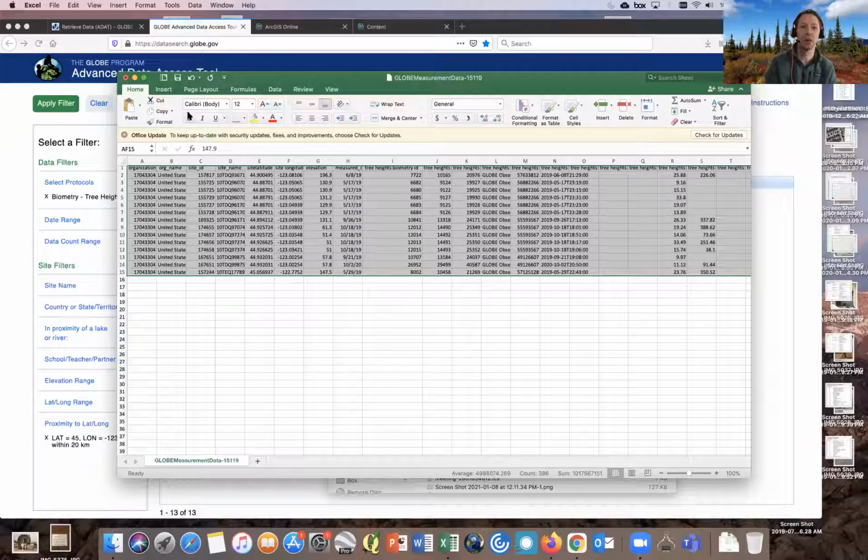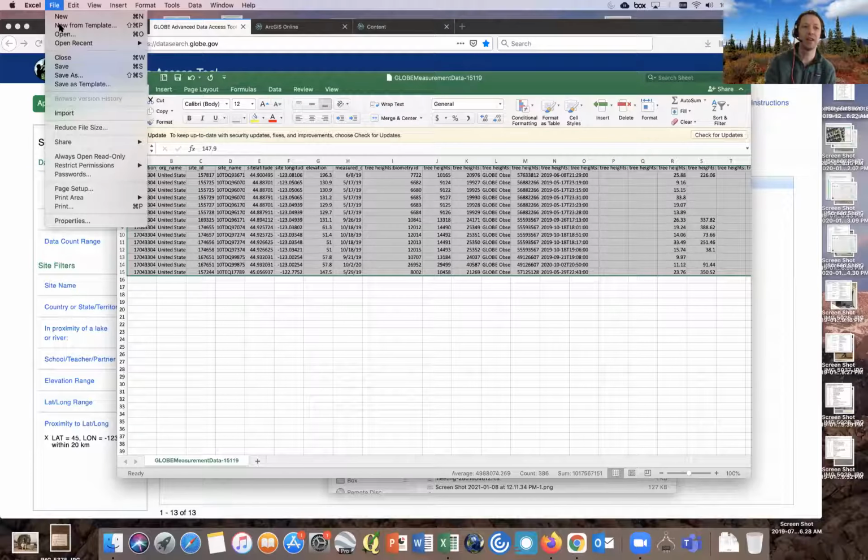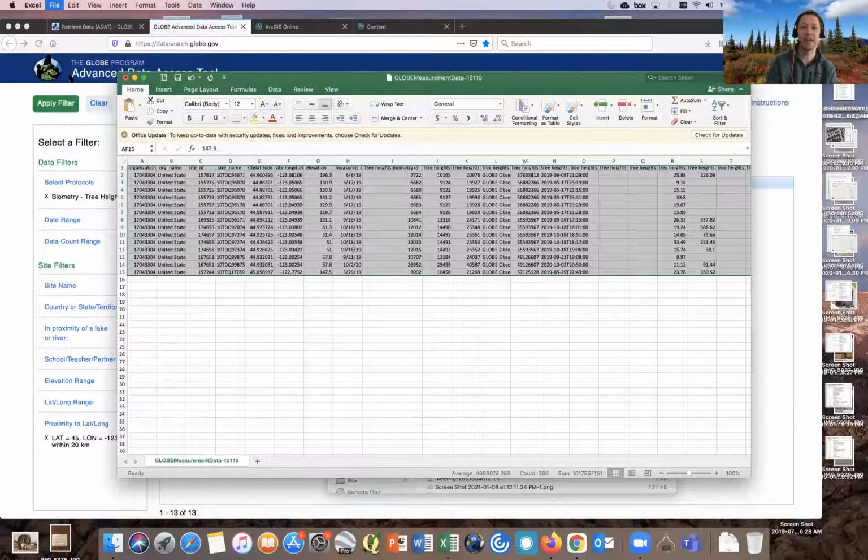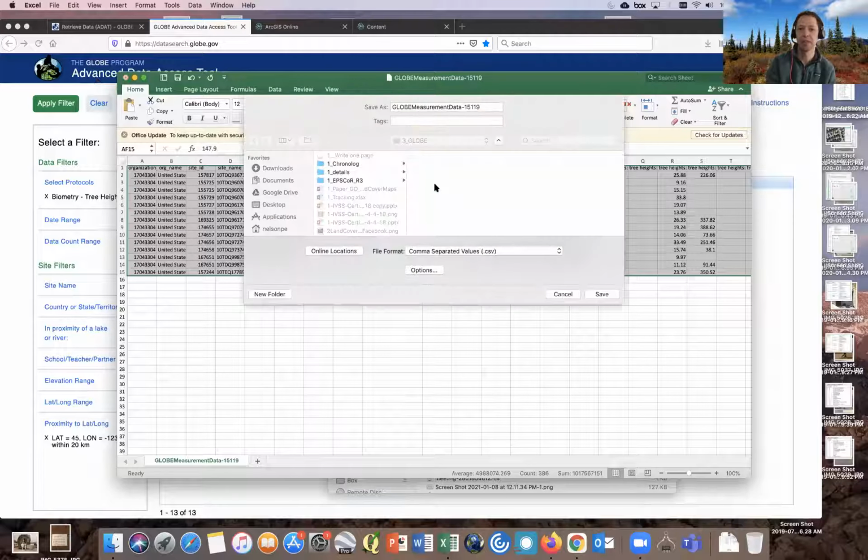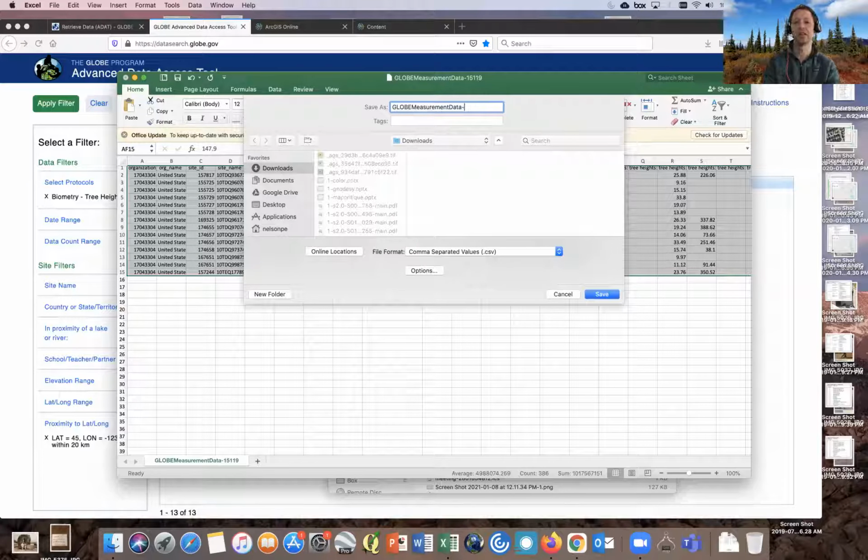So what I will actually do is go up to my File menu and click the Save As button. And you can see that I want to use that same file format of CSV, but I'm going to change this to make the name a little bit more descriptive.